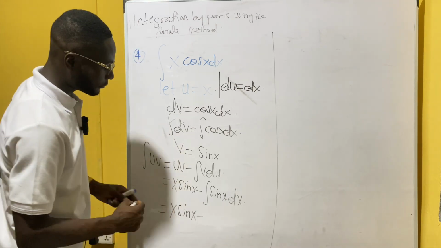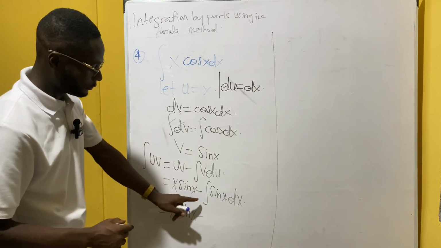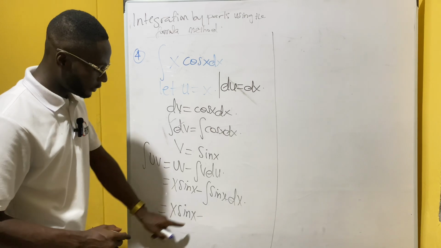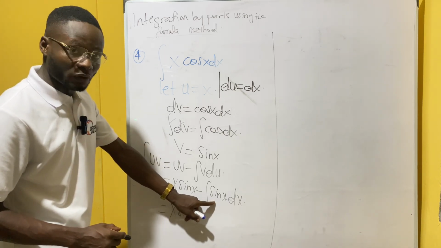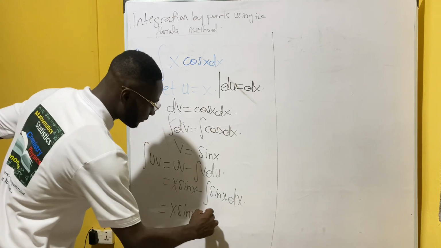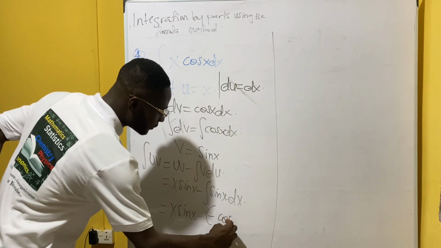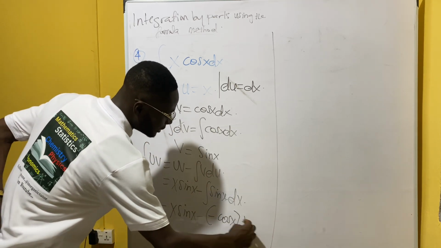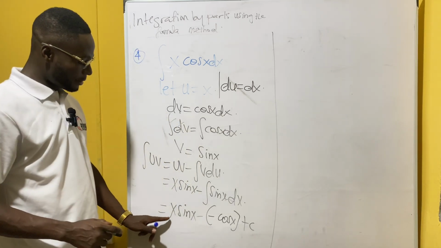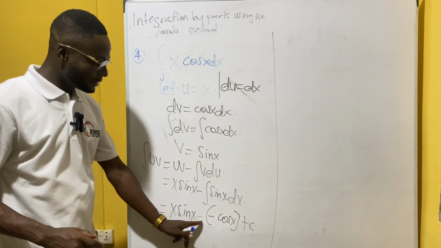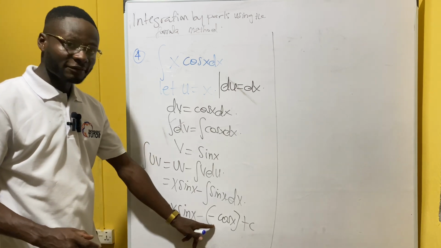minus the integral of sine, which is negative cos, right? So we have minus the integral, negative cos x, plus c. So we can see clearly that this and this, we are going to have positive.